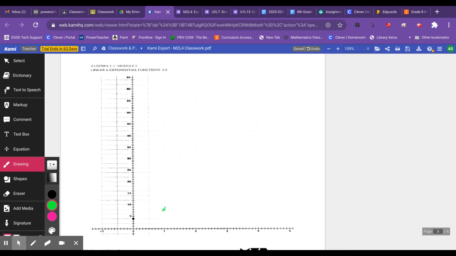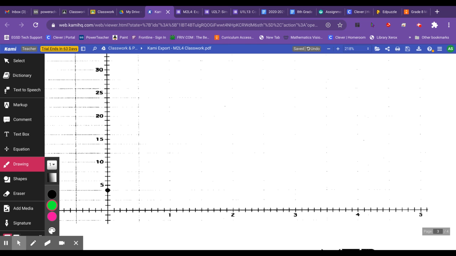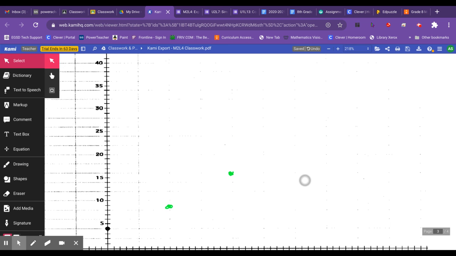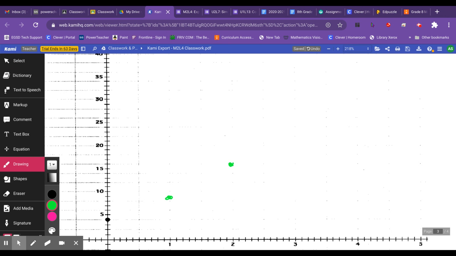Now I've got to zoom in on this one so I can be accurate. So 1 up to 8 is about right there. 2 was 16, those go right there. 3 was 32, if I can reach it on here.